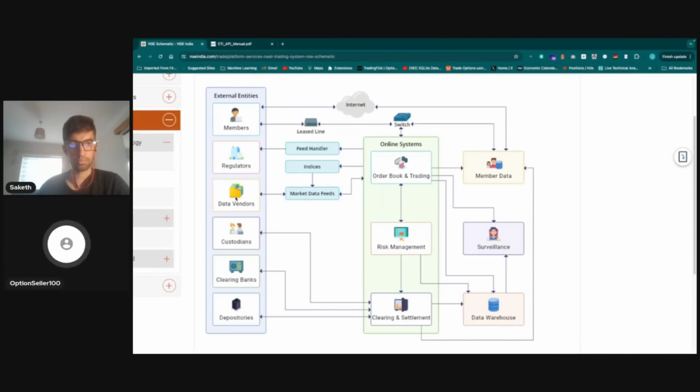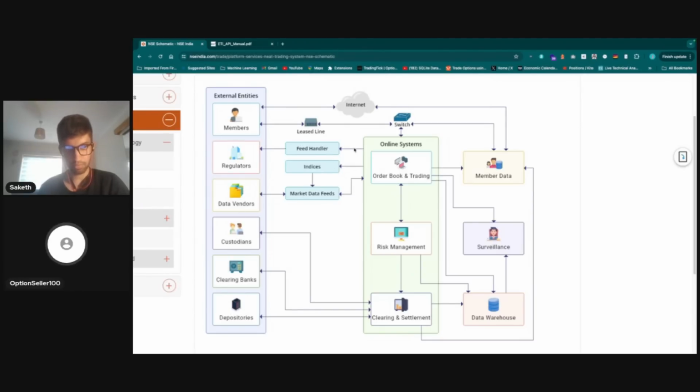And then you have the data vendors. Some data vendors are not brokers, but you can always buy the data, so the data is also fed to them. Custodians are typically banks in India. This could be HDFC, ICICI, Axis Bank, etc. And clearing banks are also banks in India, again similar kinds of banks. And then depositories, I think all of us know CDSL and NSDL. So these are all the entities.